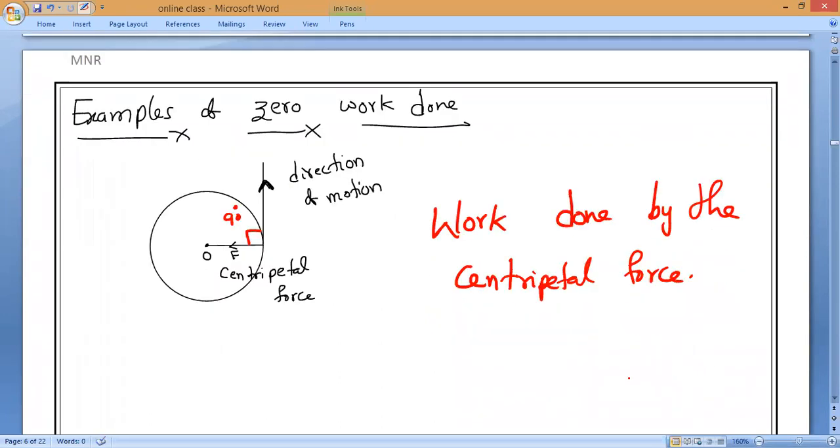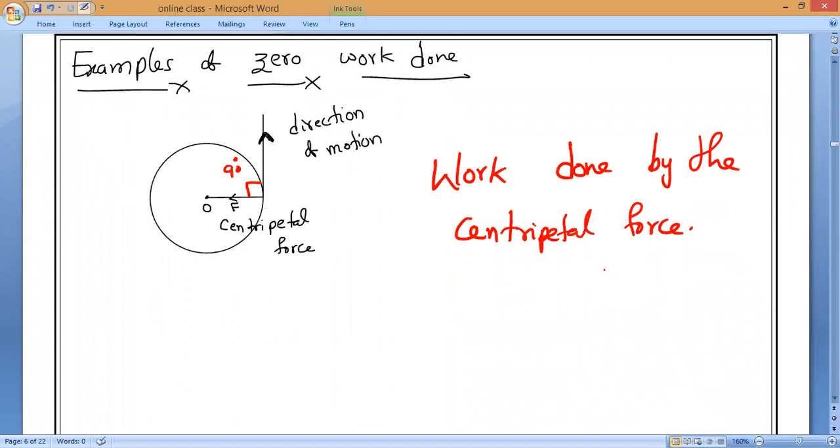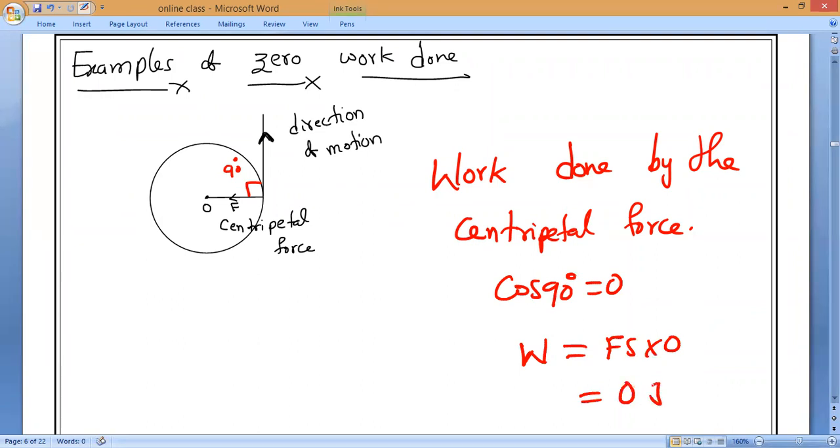Zero work done, because cos 90 is equal to 0. So work done is equal to F s into 0, which is equal to 0 joules. Please write it. First example, work done by the centripetal force.